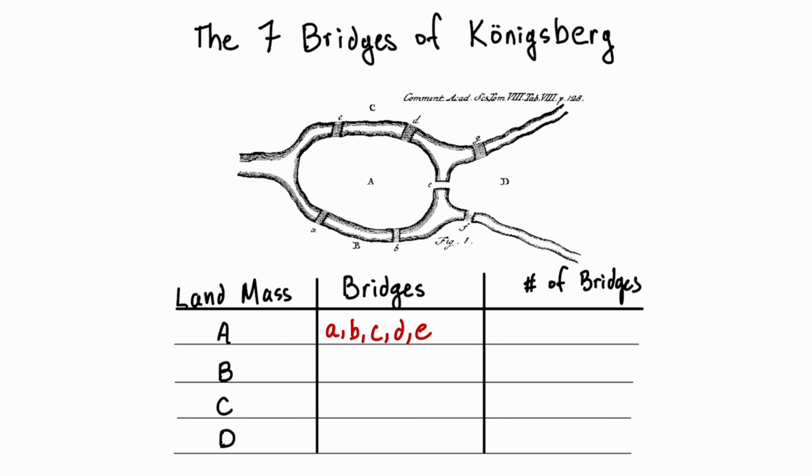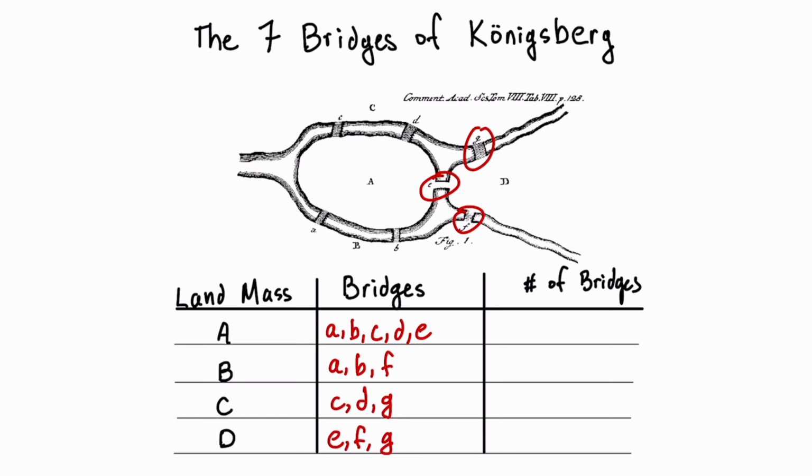There are 3 bridges connected to landmass B: bridges a, b, and f. There are 3 bridges connected to landmass C: bridges c, d, and g. And there are 3 bridges connected to landmass D: bridges e, f, and g.